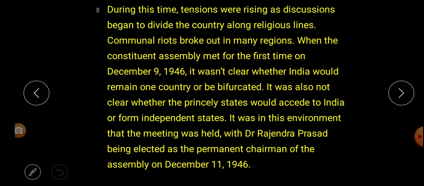It was also not clear whether the princely states would join India or form independent states. In this situation, meetings were held and Dr. Rajendra Prasad was elected as the permanent chairman of the Assembly on December 11, 1946.